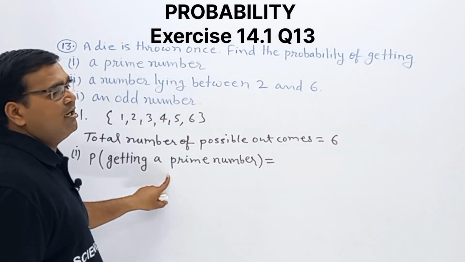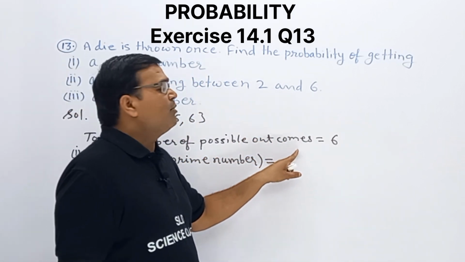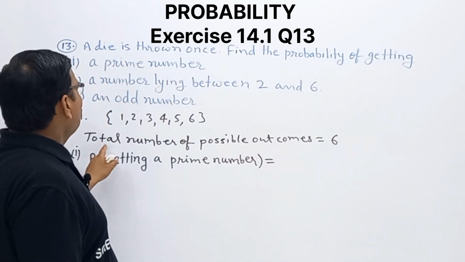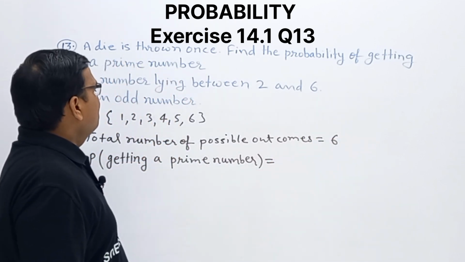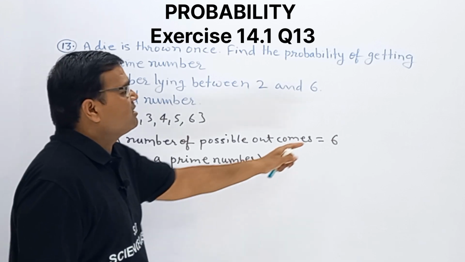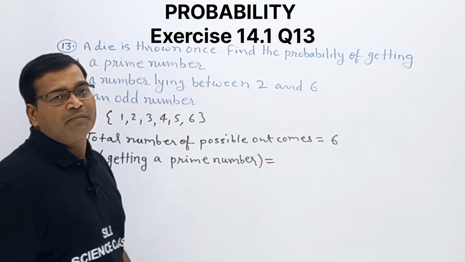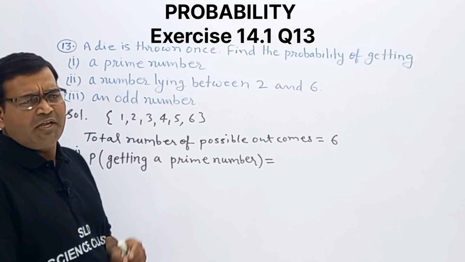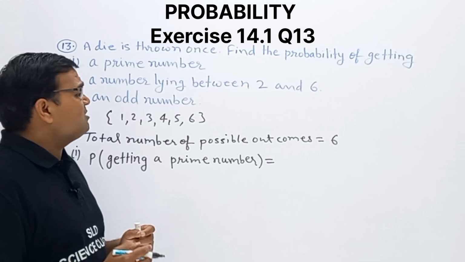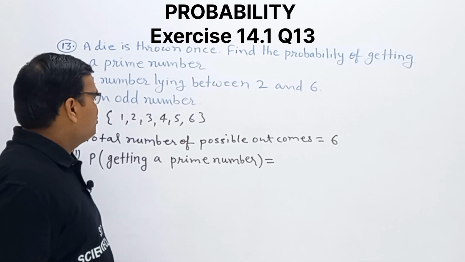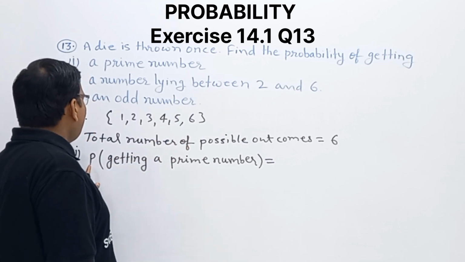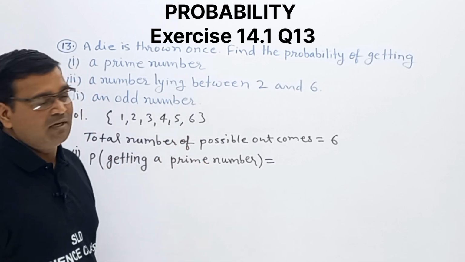Probability of an event is the number of favorable outcomes divided by the total possible outcomes. Total possible outcomes: once we throw a die, we have 6 possible outcomes. So the total number of possible outcomes is 6. Now we want the probability of getting a prime number.